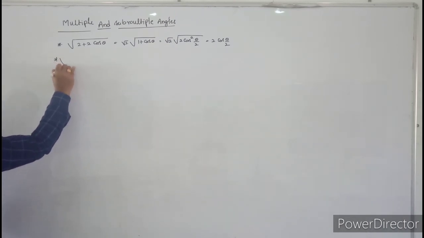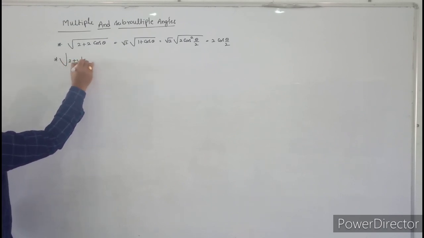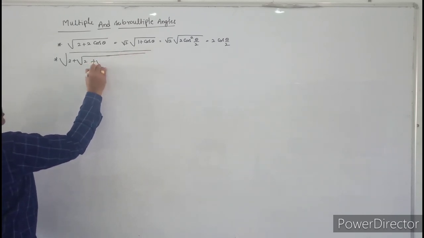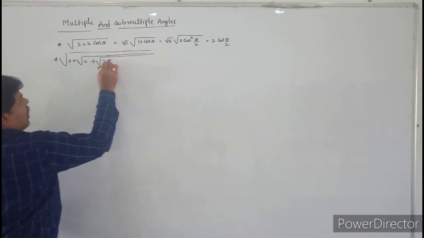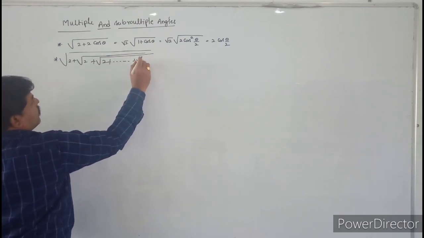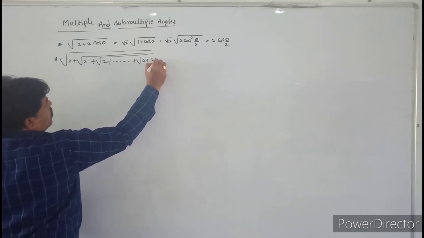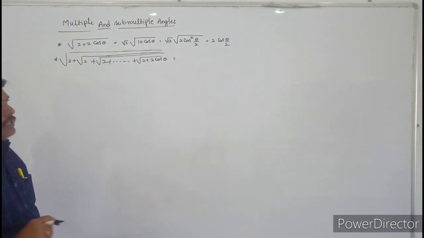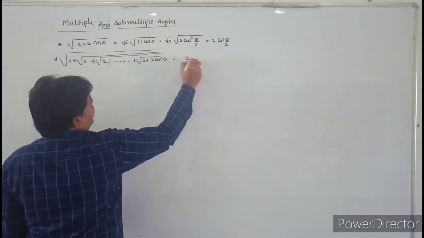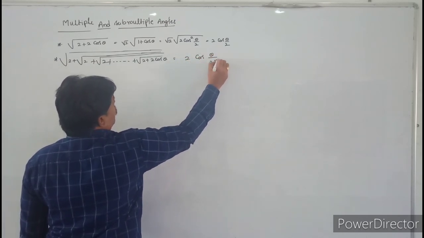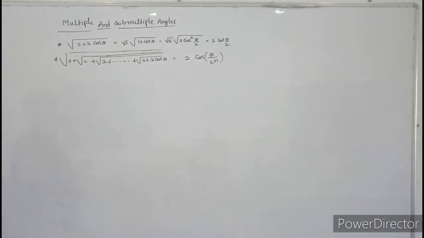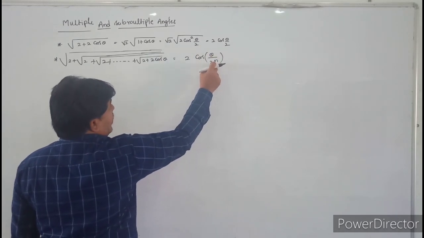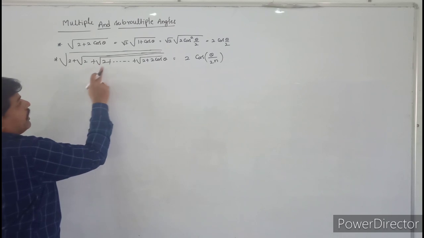Similarly, if we take square root of 2 plus square root of 2 plus square root of 2 plus and so on, plus square root of 2 plus 2 cos theta, that is equal to 2 cos theta by 2 power n, where n is the number of roots, 1, 2, 3, 4 and so on.